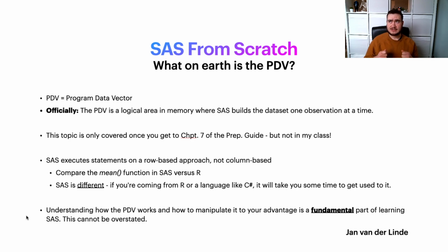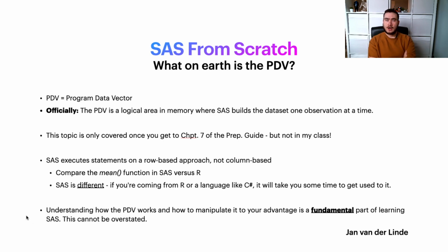Now the way SAS works is if you're only dealing with one row, then passing a single column to the mean function is only going to return that value back to you. So the mean function within what is called a data step in SAS is only for one row at a time.